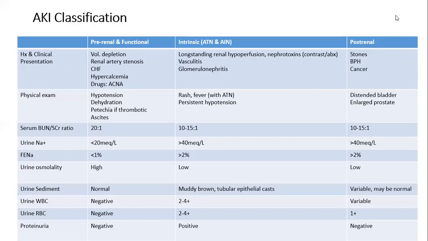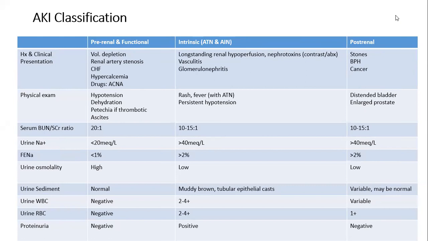And since this patient's values for FeNa, urinary sodium and serum BUN to serum creatinine ratio rule out a pre-renal cause, his BUN to serum creatinine ratio is 10:1, which falls in the intrinsic category or the post-renal category. His FeNa is more than 2%. It's not less than 1%. So we would not consider a pre-renal cause. He's not volume depleted right now.